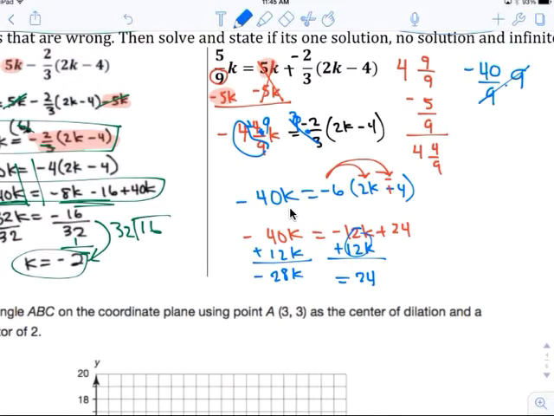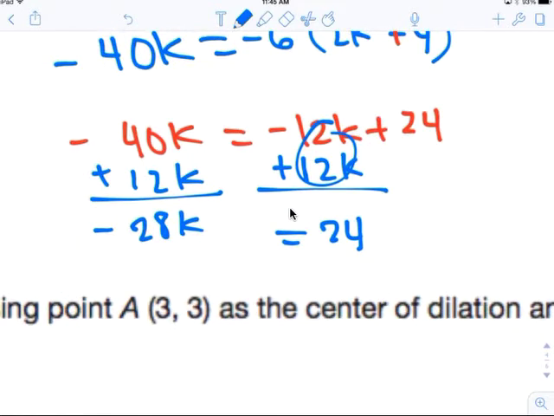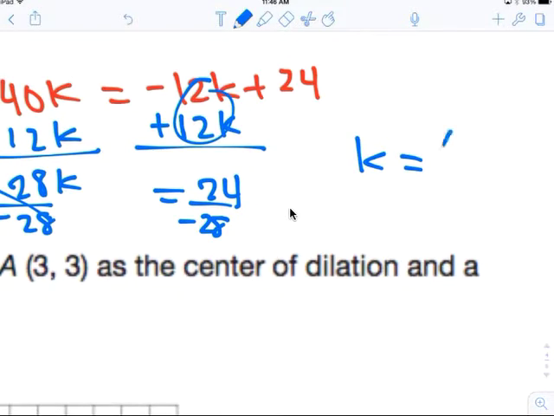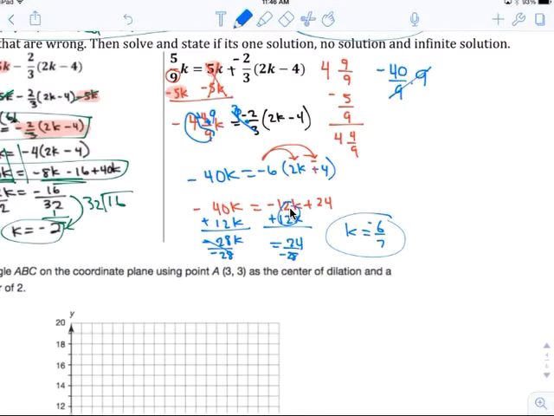Yeah. That adds up to 40. Divide by negative 28. Divide by negative 28. K then equals, divide by 4, 4 times 7 is 28. Divide by 4, so it's negative 6 over 7. One solution.